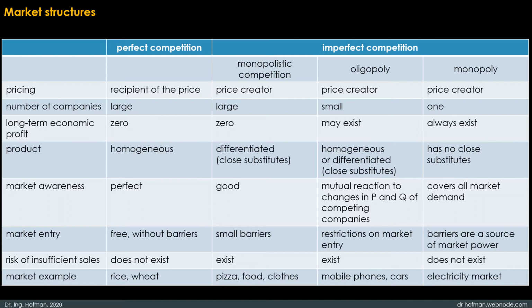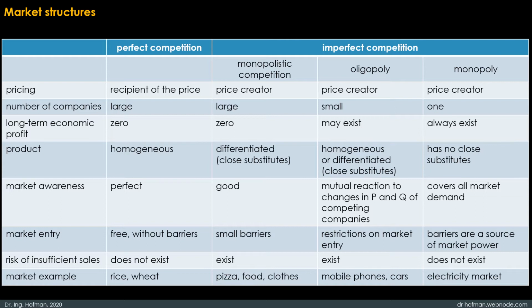In perfect competition, the company is just a recipient of the price, which is taken as an exogenous value. In all forms of imperfect competition, monopolistic competition, oligopoly and monopoly, the company is price creator.